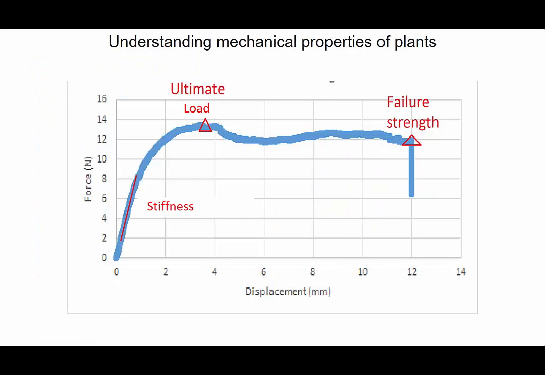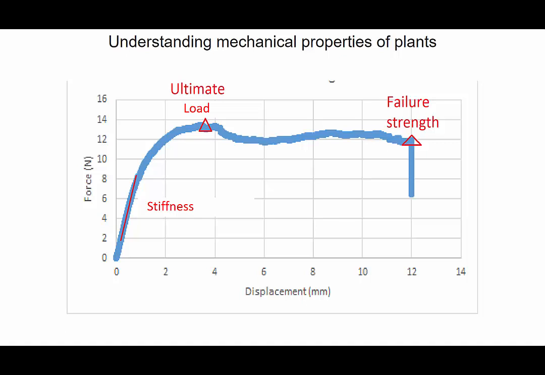So the reason why this works is this is a standard graph of mechanical testing. Plant materials all behave approximately the same. Basically, when you're testing a material, you're applying a force and you're looking at how much displacement that object has with those increasing force. So here we have our increasing force, and here we're looking at displacement.